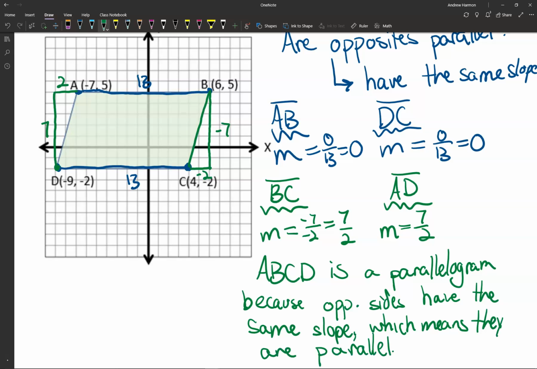And that's it. That's all you have to do. Find the slope of each side, and you can prove that this is in fact a parallelogram.